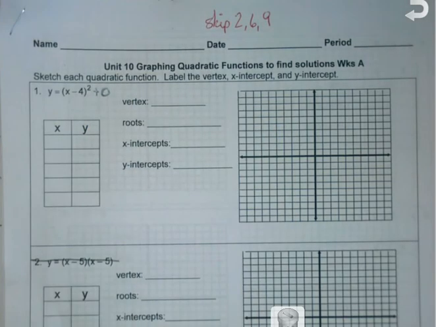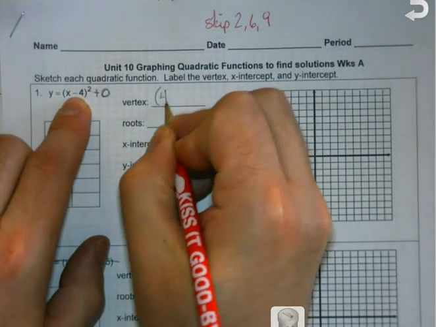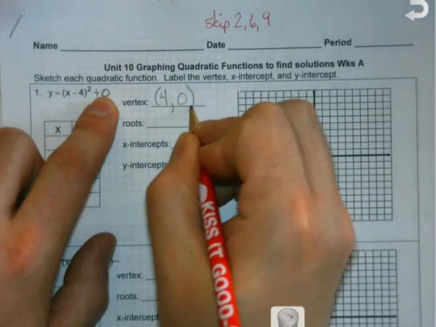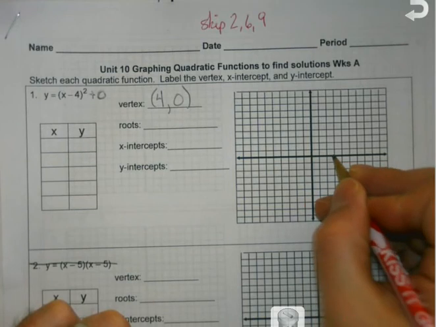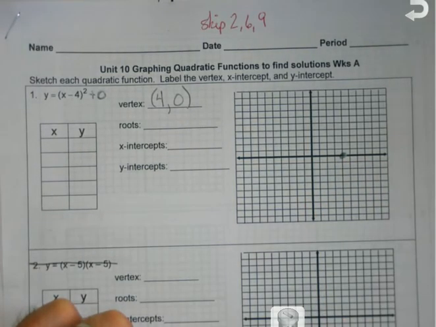Remember, if there's nothing outside the parentheses, we've got a big old plus 0 there, which is nice because it tells me the vertex, the opposite of what's in the parentheses, so it's not -4, it's positive, and whatever's outside. 1, 2, 3, 4. Get that big old dot in there.